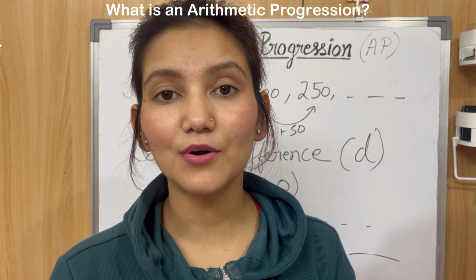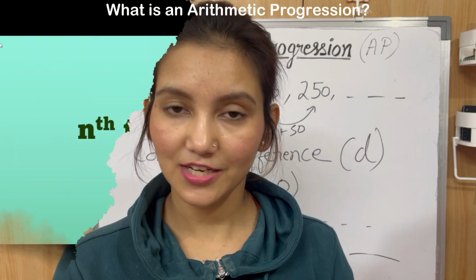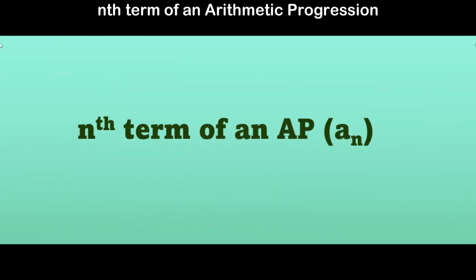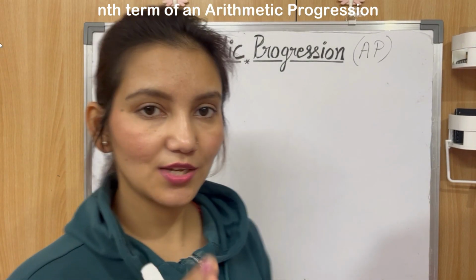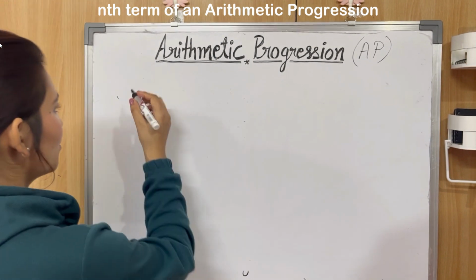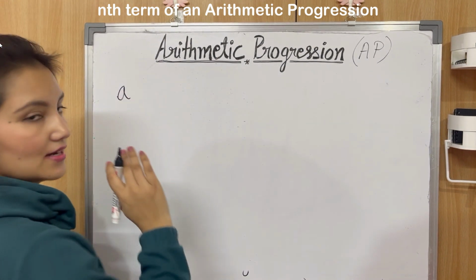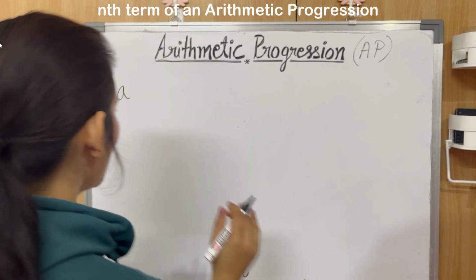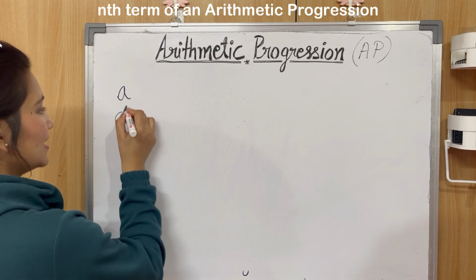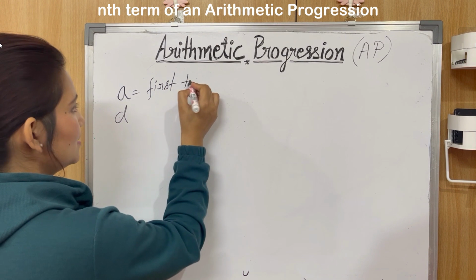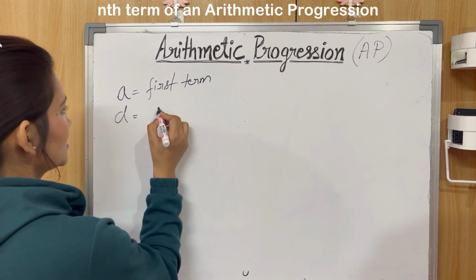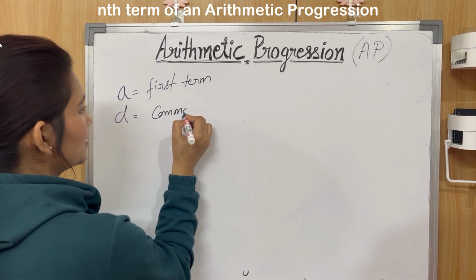Now let's talk about the nth term of an AP. Let's talk in general. Let's say there is an AP whose first term is A and the common difference is D. So this is the first term and D is the common difference.